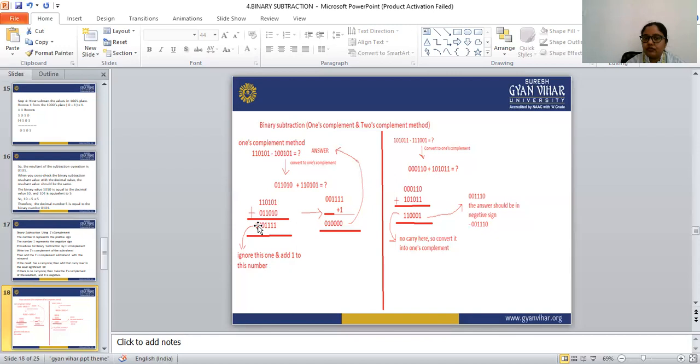So first we ignore this one, so our answer will start from 0 0 and four 1s. I have written here 0 0 and four 1s. So we have ignored one extra digit.